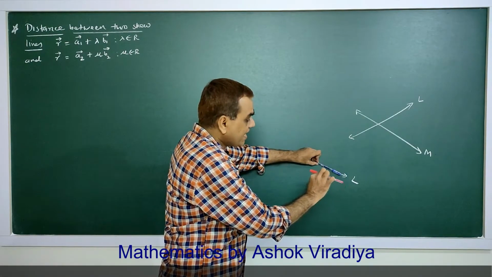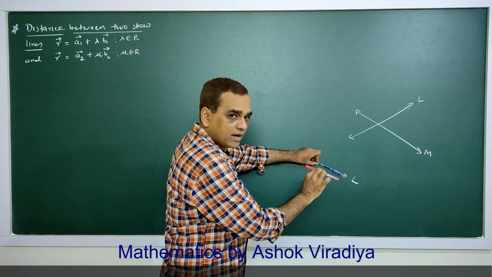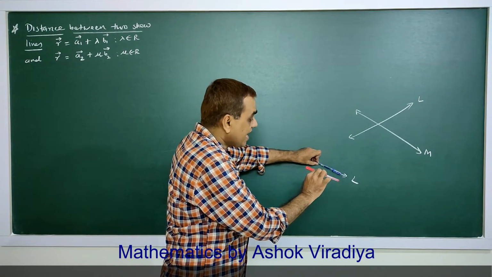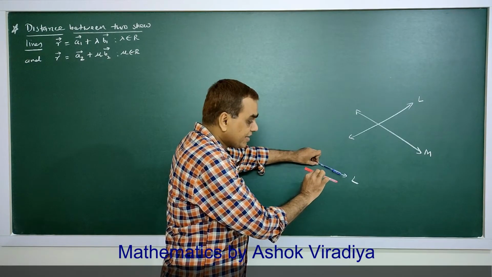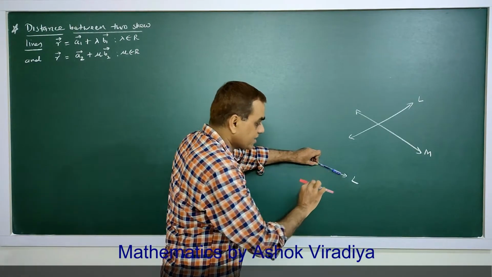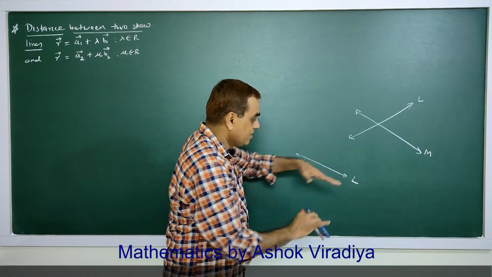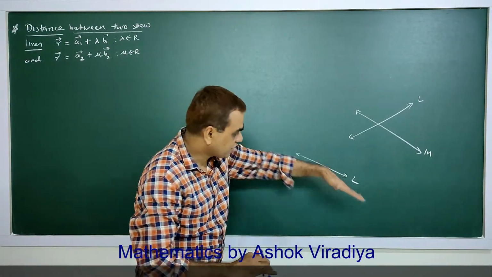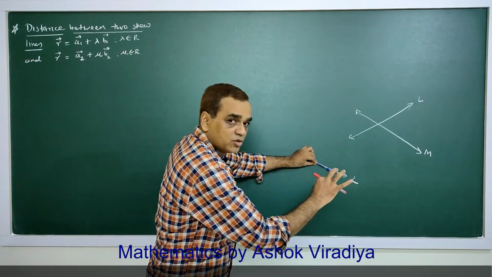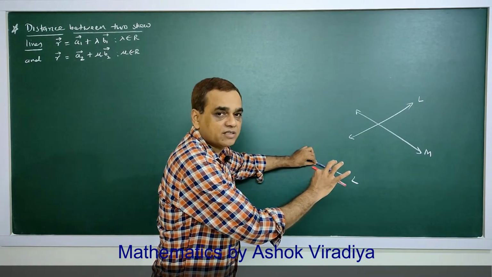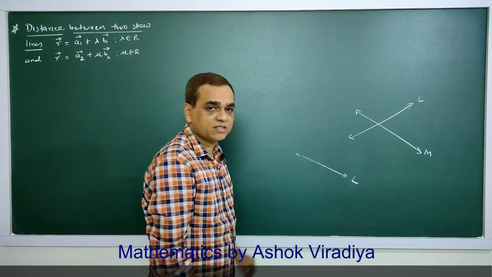So blue pen and red pen, they are parallel, and hence there exists a plane containing these two lines. So these are coplanar lines. They are not skew lines.